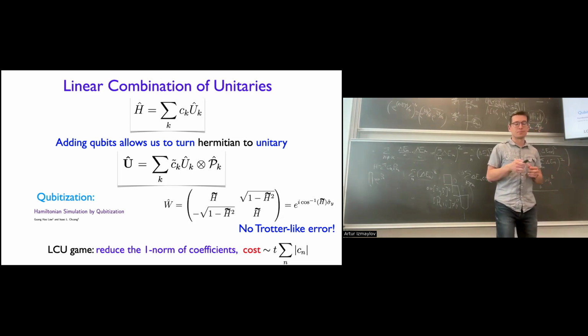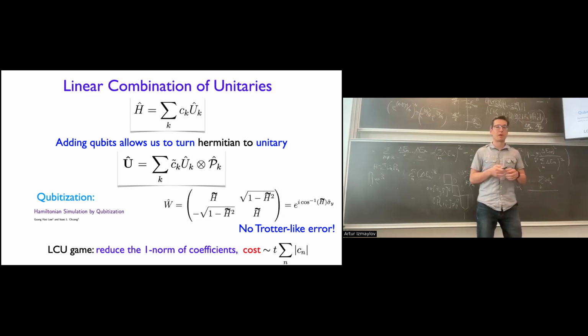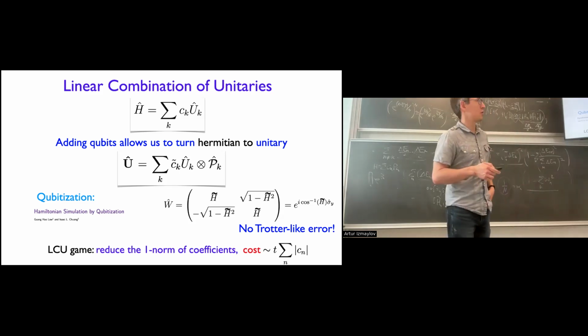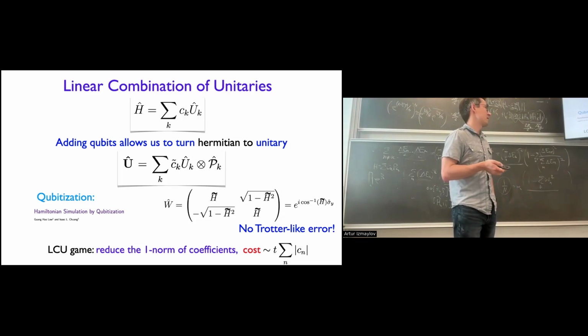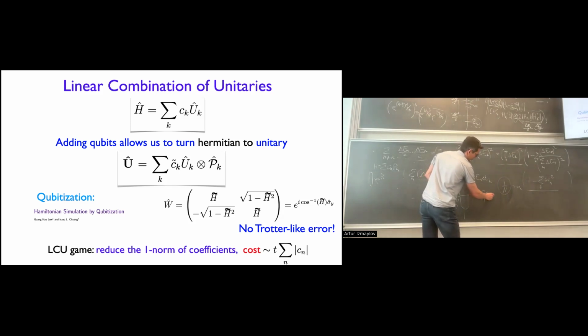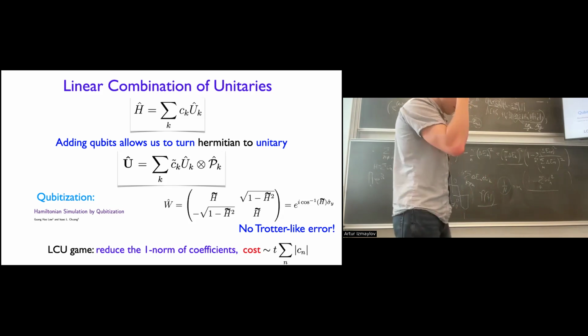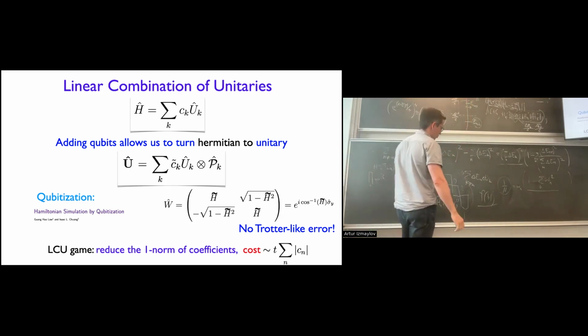But the good thing is that there's no Trotter error, which is quite impressive if you think about it. If you want to construct some function of the operator that is not a polynomial function, it's not a trivial task. Usually you could try to do it using Trotter type approximations, but they will always have an error associated.